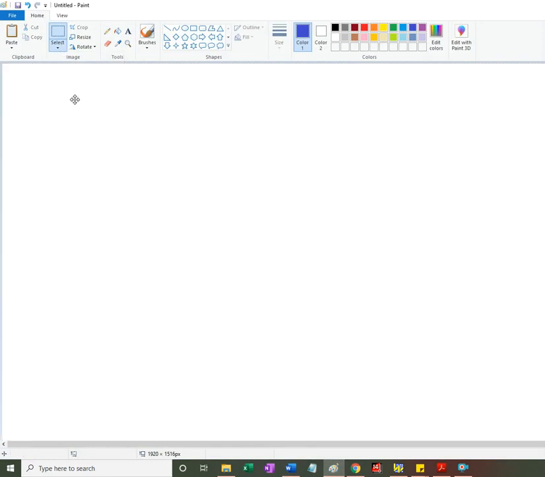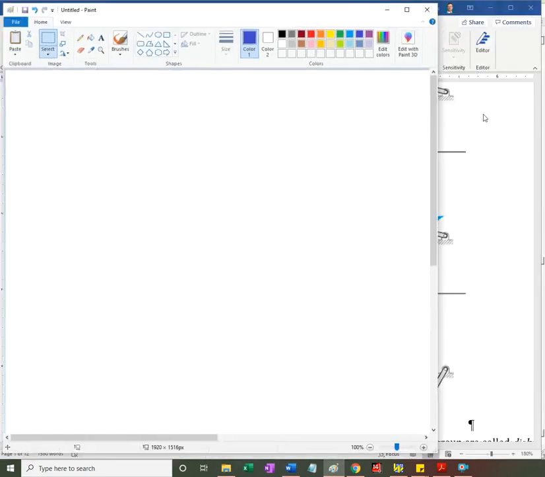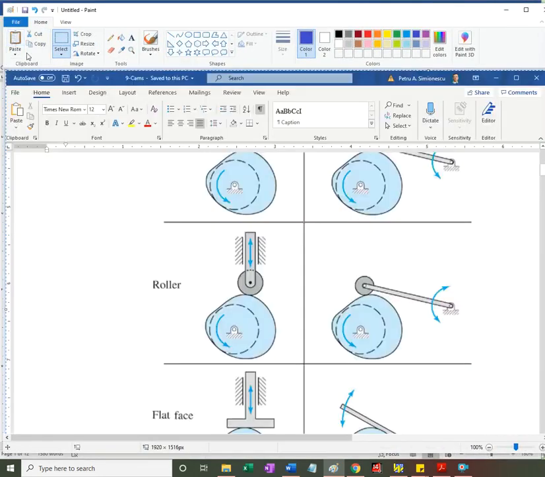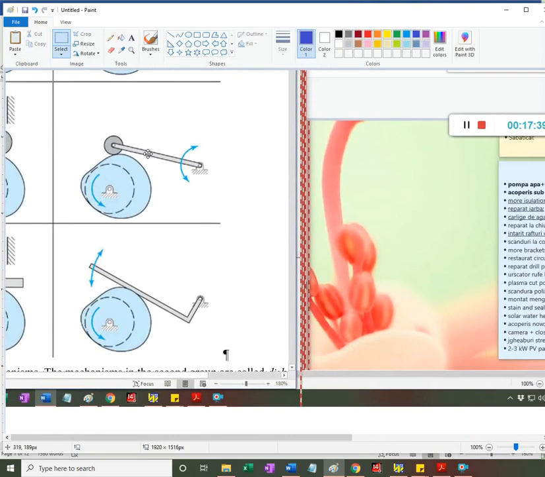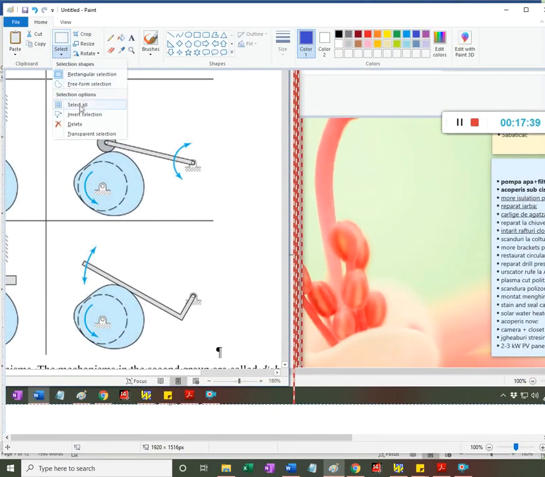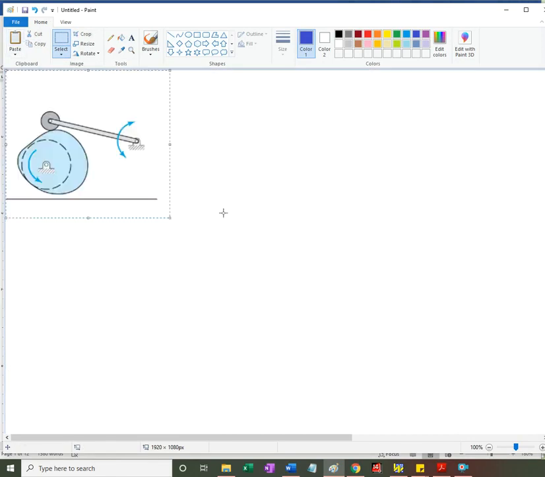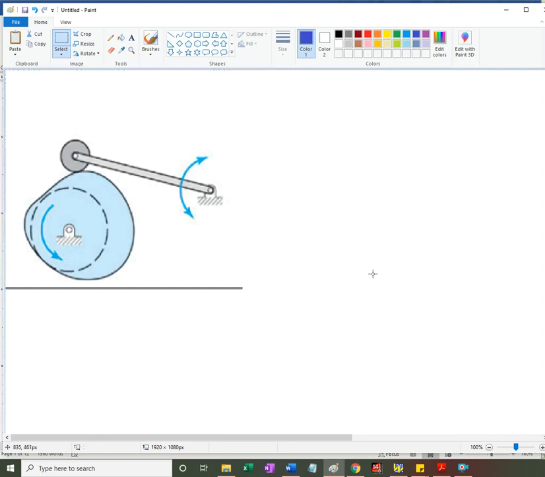Select all. Let me delete this, and so let's look at the pressure angle of just this one. Okay, what I wanted to do: copy, then select all, paste, and let's see, can I enlarge it?